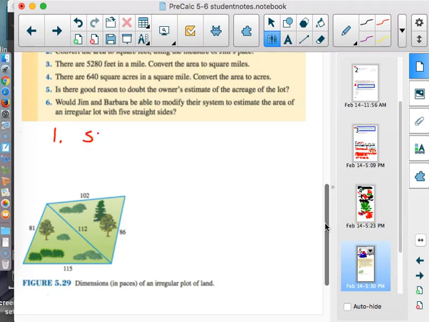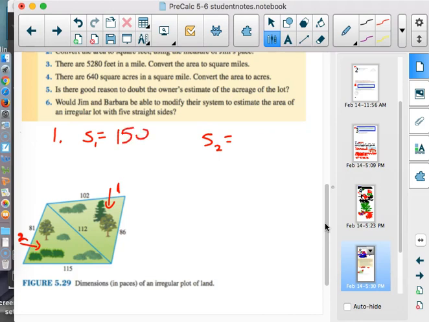So the first thing we have to do is find the semi-perimeter for each of these triangles. Instead of boring you with the basic punch-it-in stuff, I'm going to call this one triangle 1 and this triangle 2 down here. The semi-perimeter would be 112 plus 102 plus 86 divided by 2, and that comes out to 150.